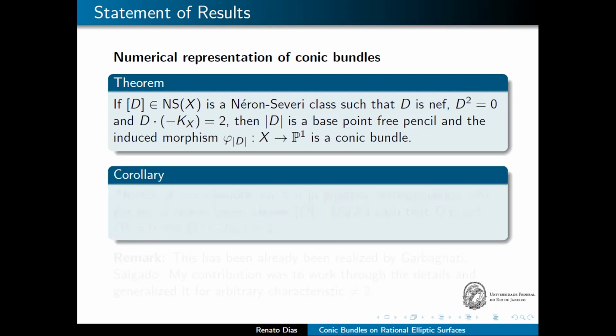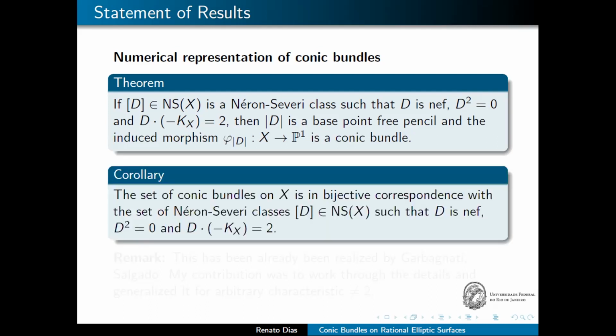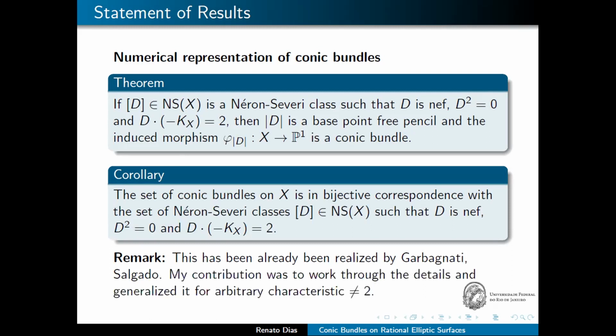A corollary of this is that the set of conic bundles on X is in bijective correspondence with these Néron-Severi classes. I need to remark that this was already realized by Garbinati and Salgado in their paper, but my contribution was to work through the details and generalize it for arbitrary characteristics, except 2.